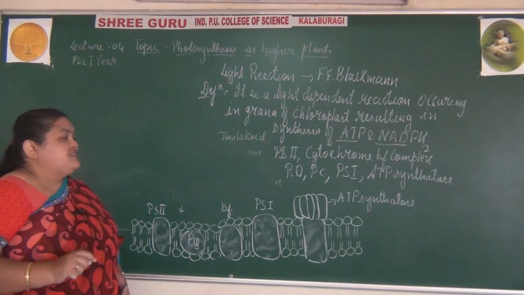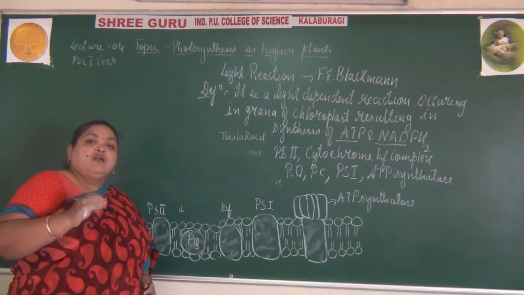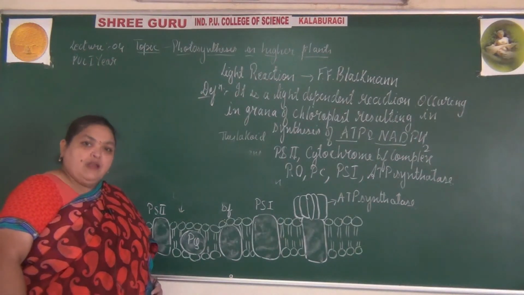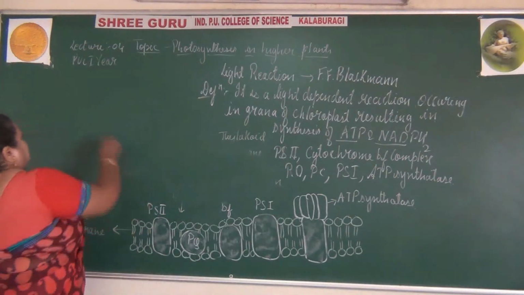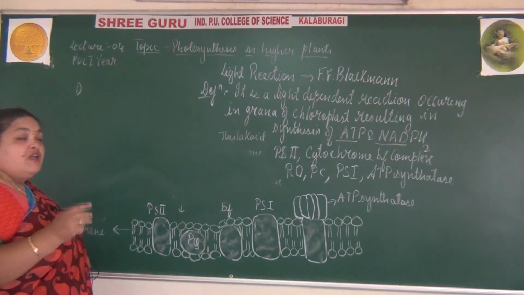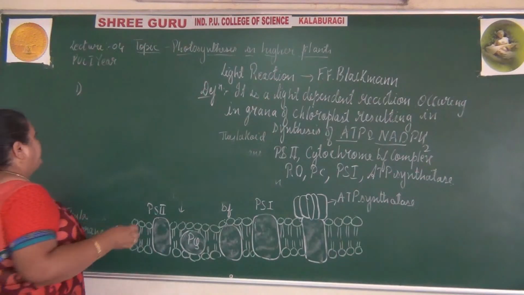So in the light reactions we will see some of the basic processes that are involved in the process of light reaction. That is the first reaction, the processes. What are the processes involved in the light reaction?